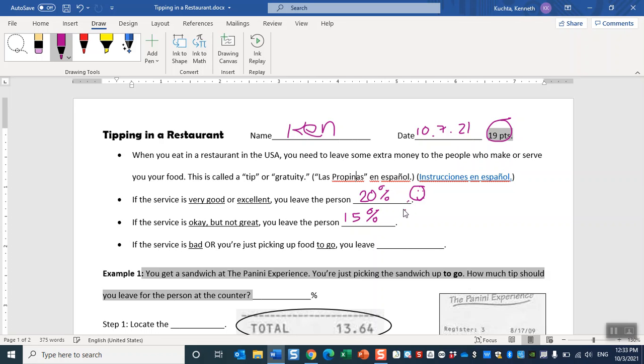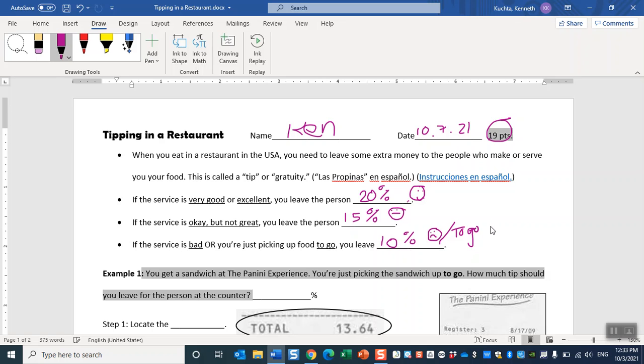Okay, you're not thrilled, but you're not upset. If the service is bad or you're just picking up food to go, you leave about 10%. Okay, so not happy or to go.